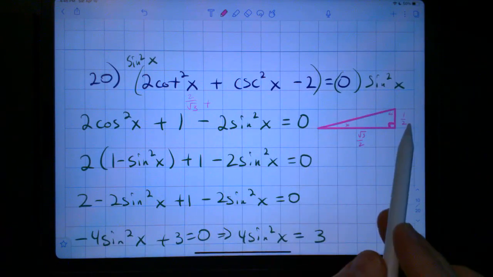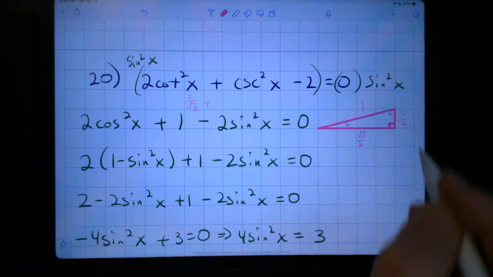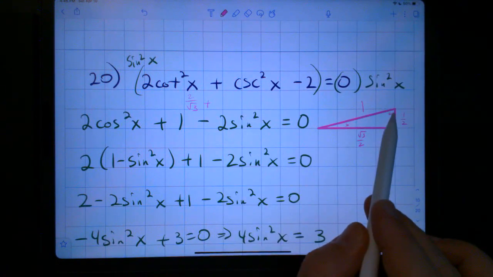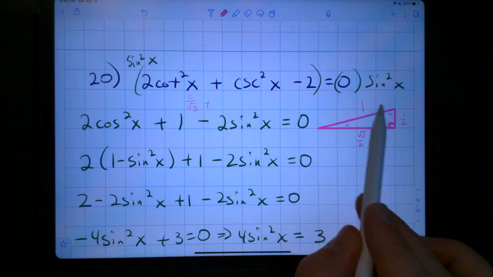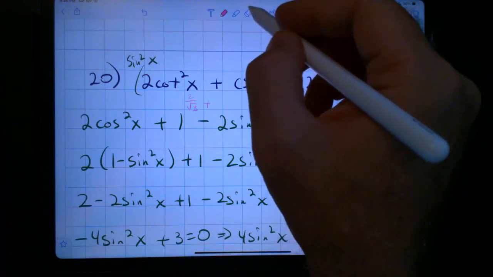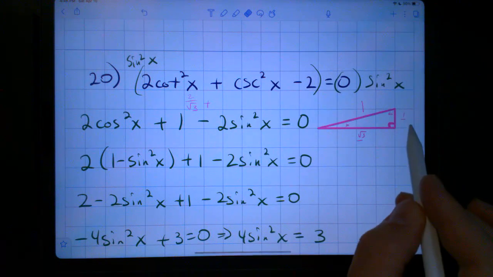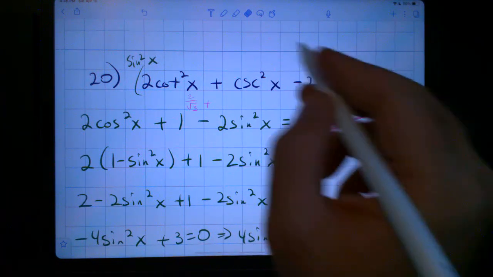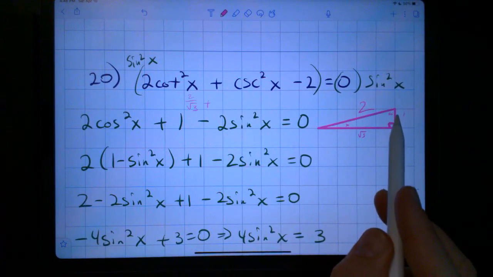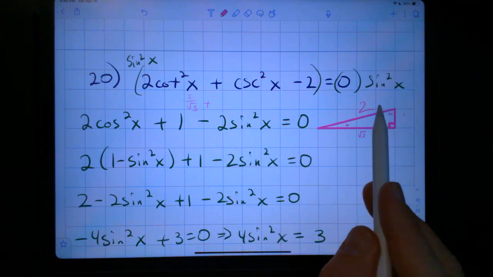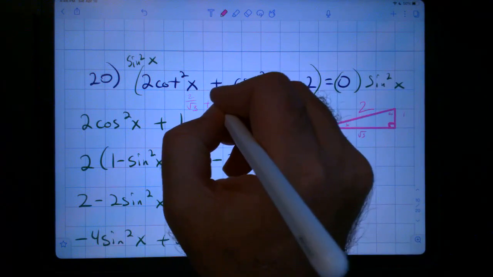Cosecant squared is going to, the hypotenuse here is 1. Cosecant is going to be 1, multiply everything by 2. So cosecant is going to be 2 over radical 3.